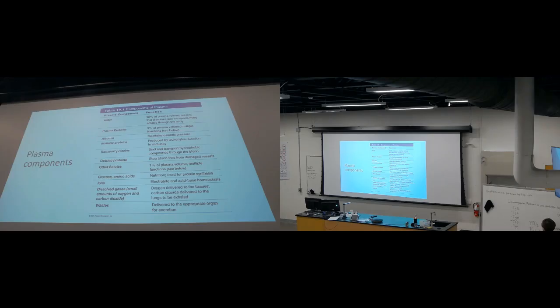This one is typically 104 millimeters of mercury. This one, like 40 millimeters of mercury. And arterial blood gases tell you the levels of all of this.